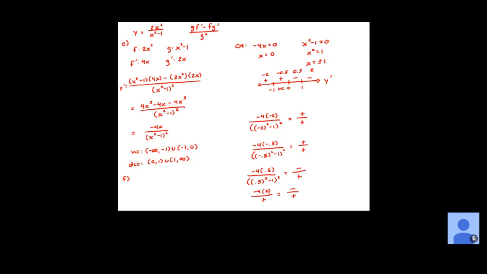This interval right here is increasing. This interval right here is decreasing. So if your function goes from increasing to decreasing, what does that tell us? There's a maximum there, right? So we know then that there's going to be a local max at x equals 0.